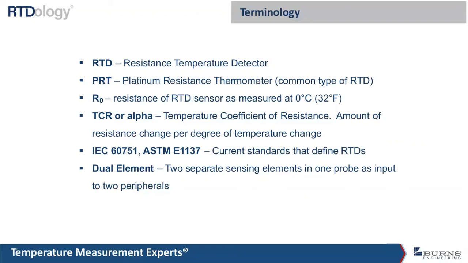What that means is, rather than having just one sensor inside the probe housing, there could be two completely separate ones. Typically that's done so that you can run one of those over to a controller. Another one may go to a chart recorder or a local indicator. So those are just some of the common terms that get thrown around, and it's helpful to know those.